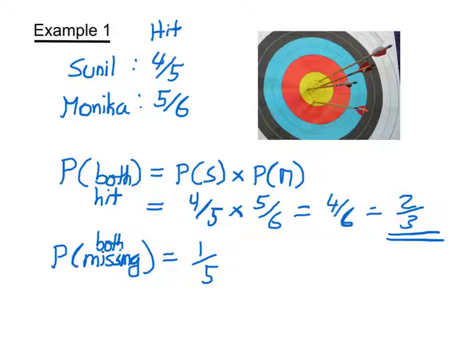And the probability of Monica missing is 1/6, or in other words, out of every 6 shots, she misses 1 and makes 5. And so the probability of them both missing at the same time is simply the product of these two, which is 1/30.